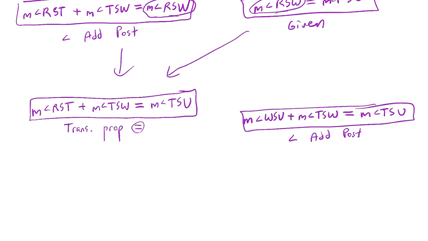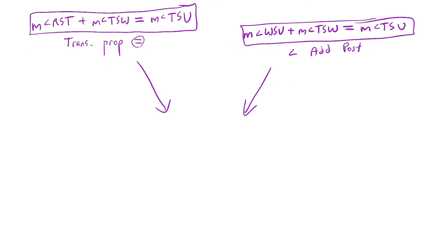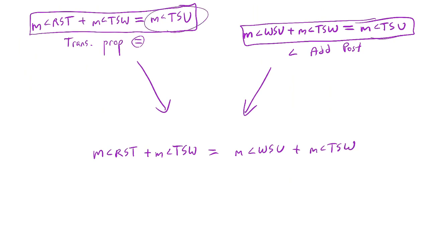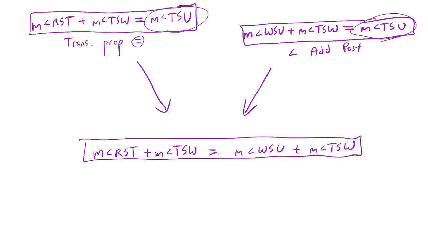So now I can say these two together tell me that the measure of angle RST plus the measure of angle TSW is equal to the measure of angle WSU plus the measure of angle TSW, right? Because they're both the same as TSU. And now that I have that, and again, transitive or substitution, I'm going to go with the transitive property of equality because it's the most specific to this situation.